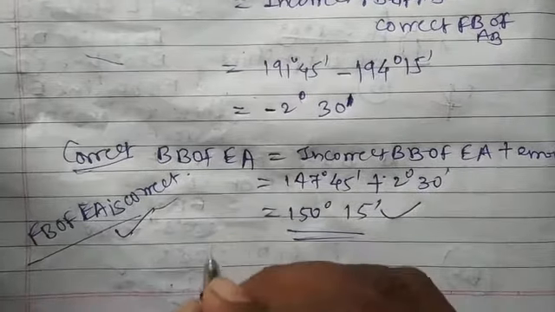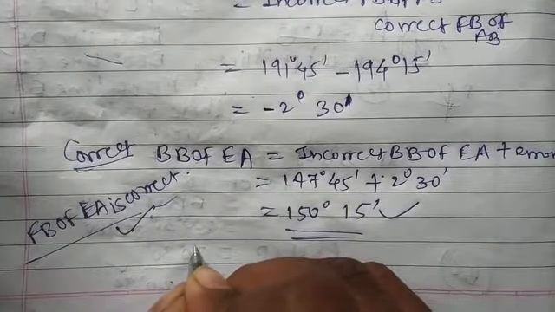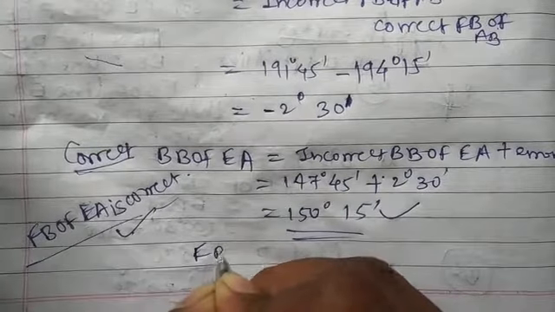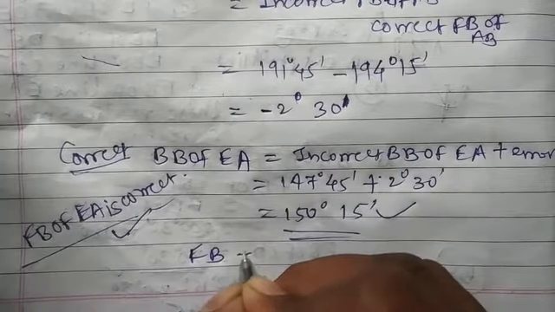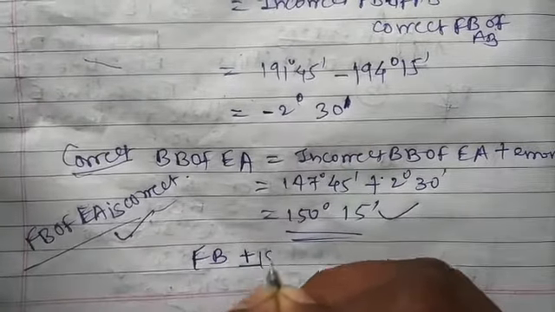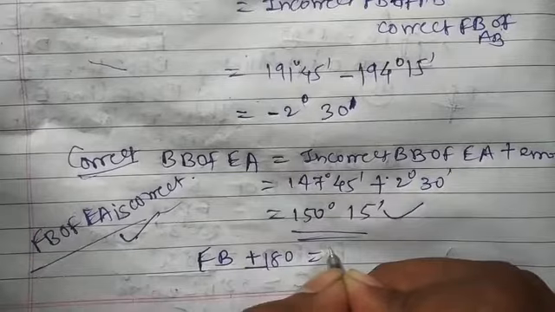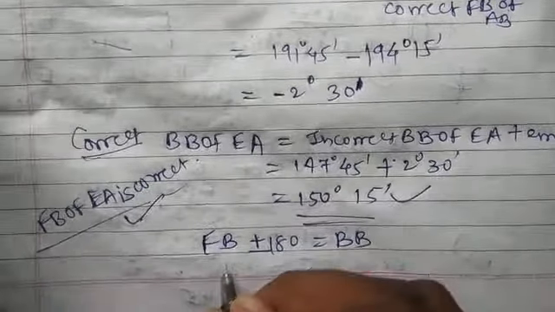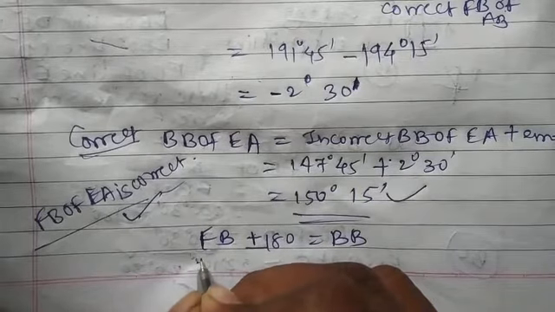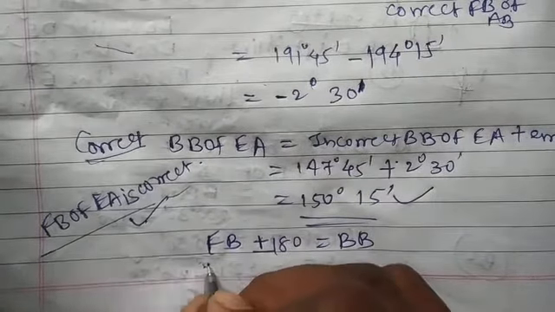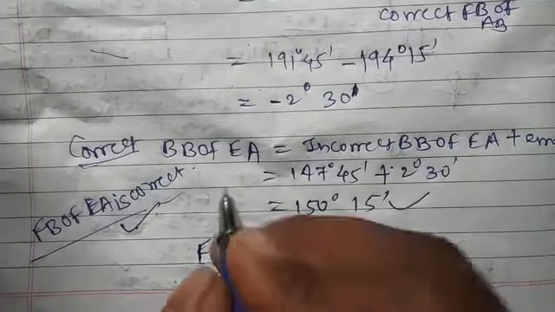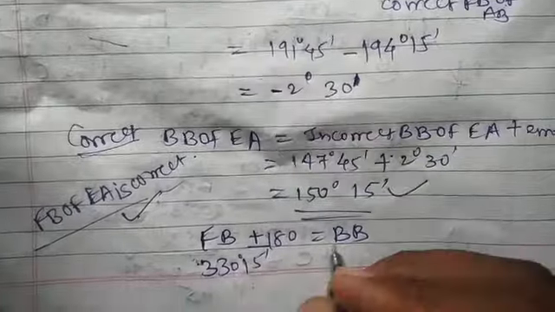So let's check out whether fore bearing plus or minus 180 will give us back bearing of line or not. Okay, so fore bearing of line which is given is 330 degree 15 minutes. You can check out, it is given in problem statement.